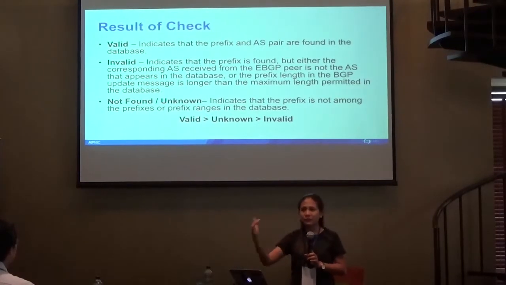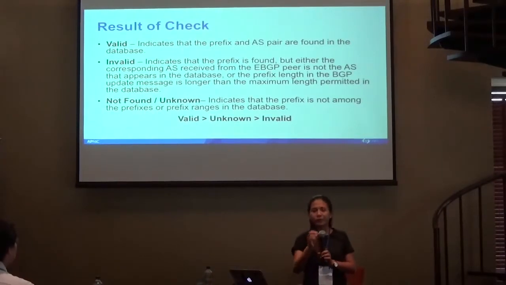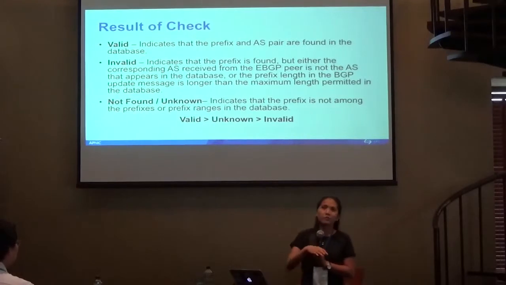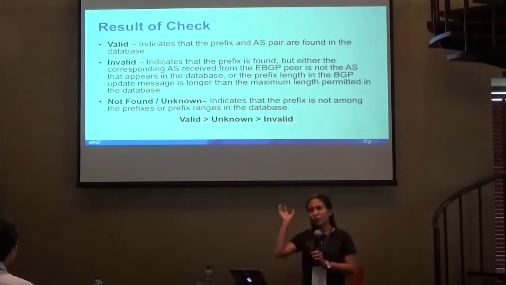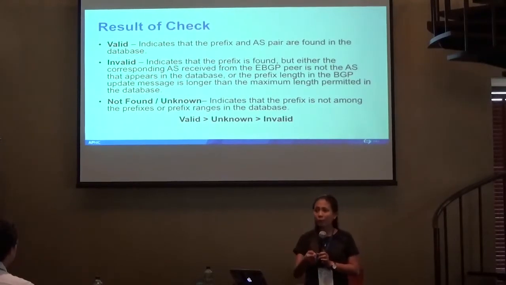If it's correct, then it's valid. I've checked it with a database. If it's not, maybe in my routing table it's originated by AS17820, not 17821, so it will come up as invalid.